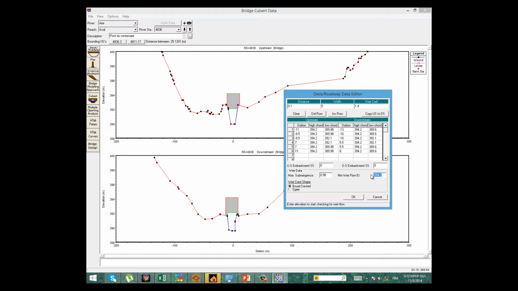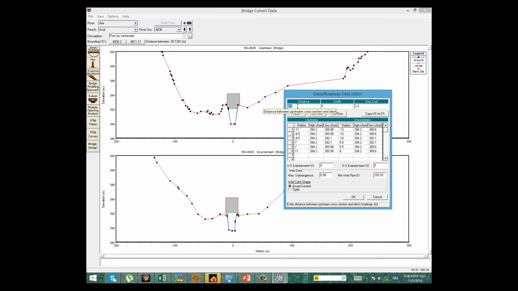This is 389.98, I think. The weir crest shape is broad crested, because the deck of the bridge is broad crested. The width is 5 and the weir coefficient is 2.6. Then this is 0.1.